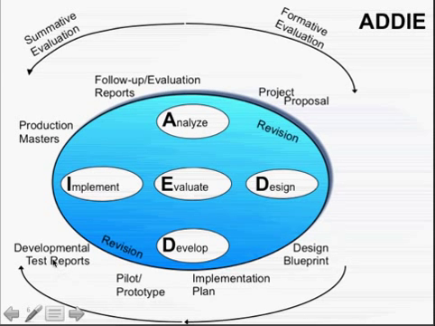We might, in fact, develop the testing through our evaluation. How well did it go? In implementation, we might include the final production masters after everything has been set up and running. And we might include follow-up and evaluation reports. And then we flow through it again, and maybe we create a new project proposal for the revisions that we need to make.